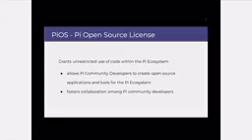Now, one other thing that we recently created is a specific open source license for Pi. So we call it PiOS, Pi Open Source, and it specifically grants unrestricted use of the code, similar to how the MIT license works, but it does that within the Pi ecosystem.